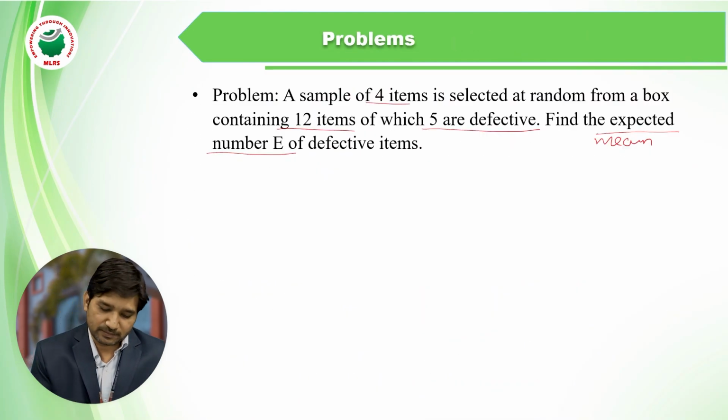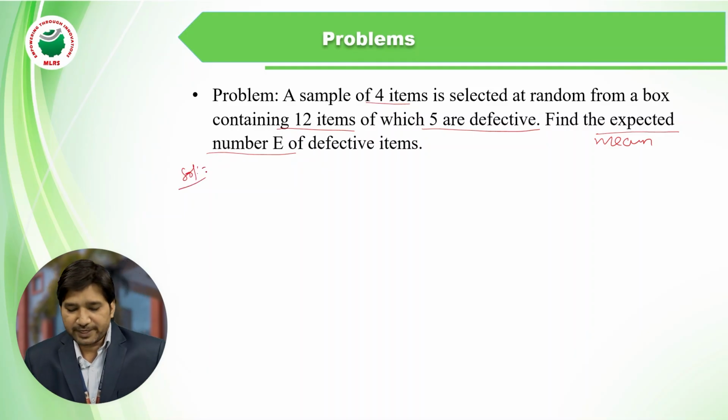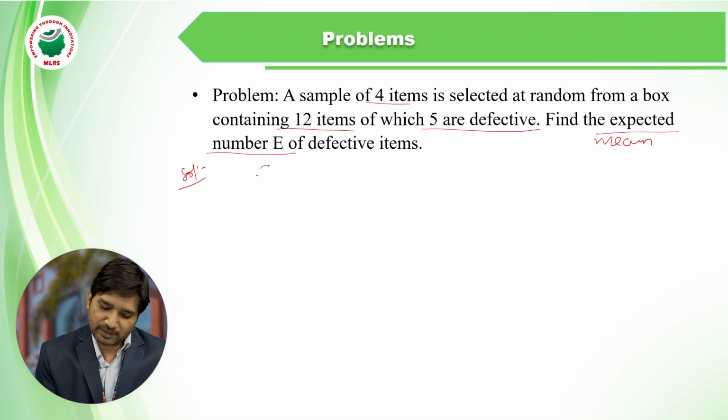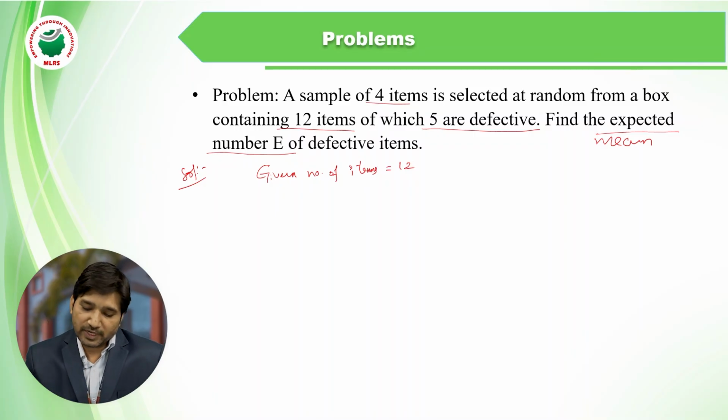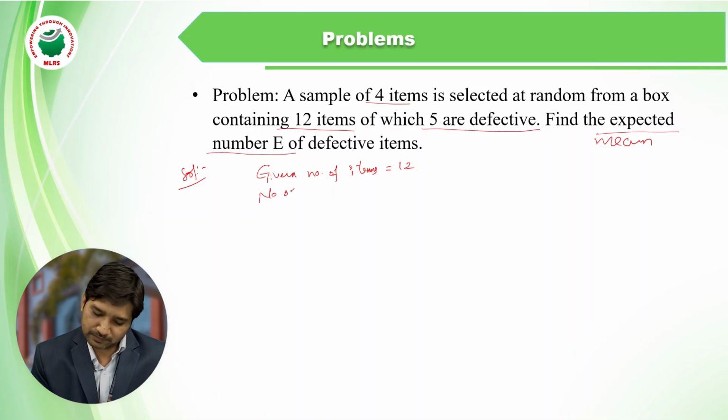Okay, first of all, this problem. Write down the given: number of items equal to 12. In these items, five items are defective. Number of defective items equal to 5.